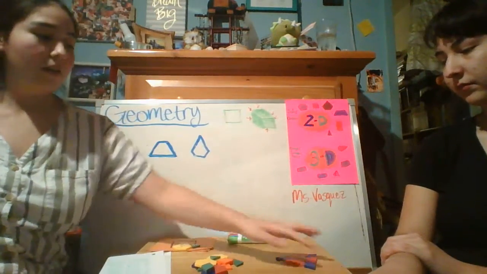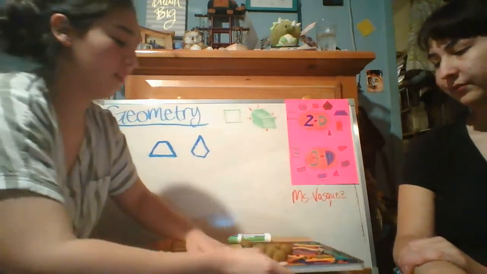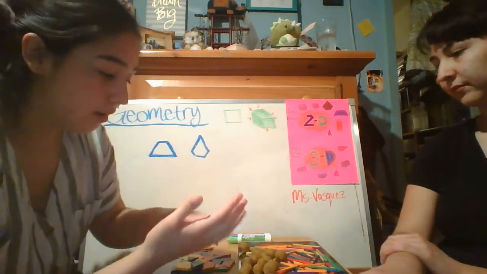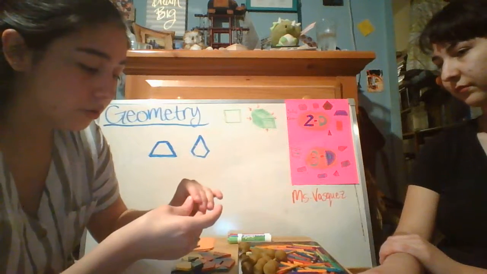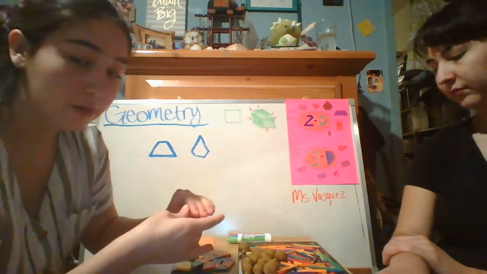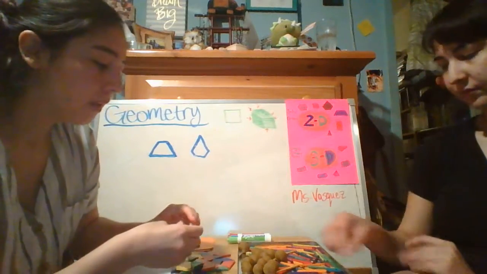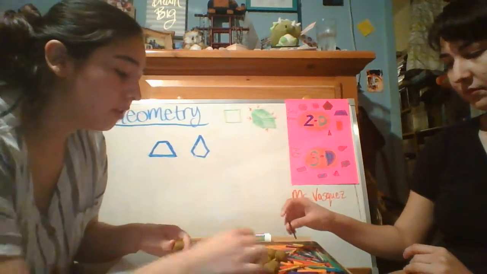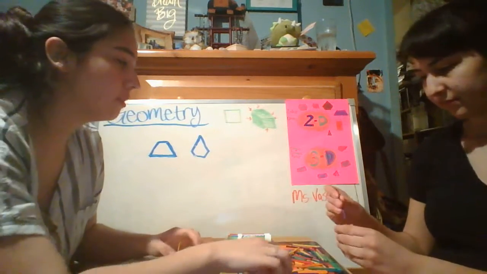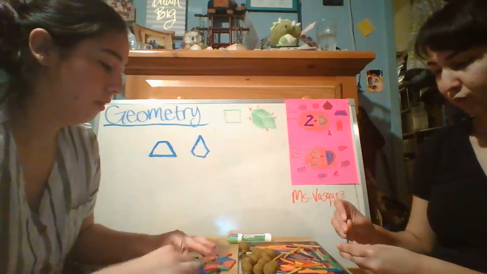So for our three-dimensional figures, as a class, I would model how to build a cube, and my students will go ahead and build a cube with me. But I'm going to go ahead and build a cube, and I'm going to ask Lori here to build another three-dimensional figure of her own.